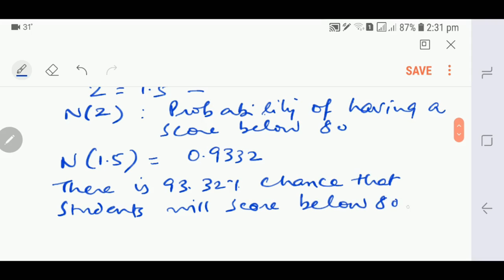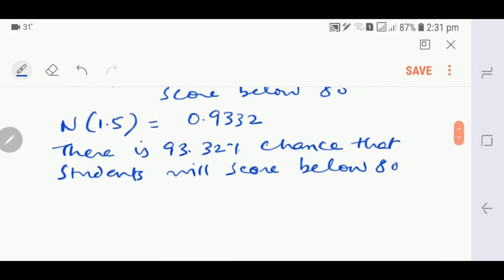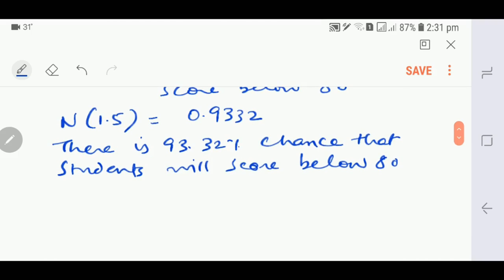But since the question asked us to find out the probability of students scoring above 80, and we know the fact that the total area under the normal distribution is 100% or 1, once we know the probability of something below 80, we automatically can infer the probability of being above 80.